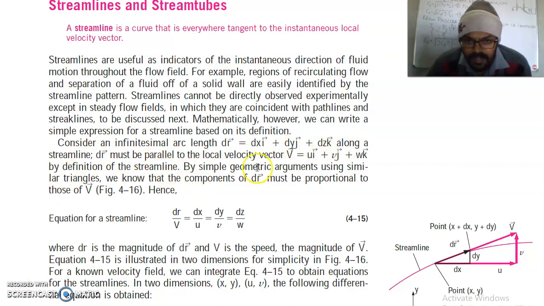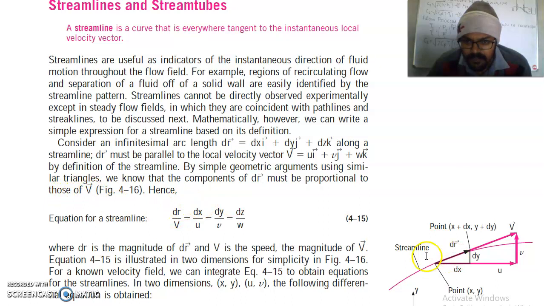Now take a local velocity vector, that is V, which is u i plus v j plus w k. By definition of the streamline, by simple geometric arguments using similar triangles, we know that the components of dr must be proportional to those of velocity.